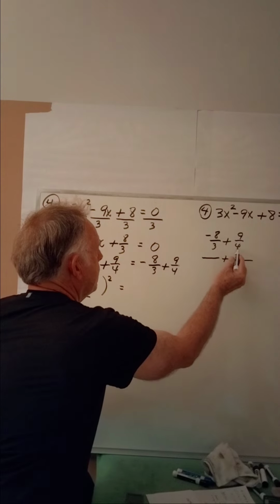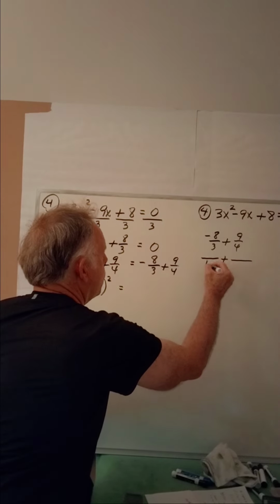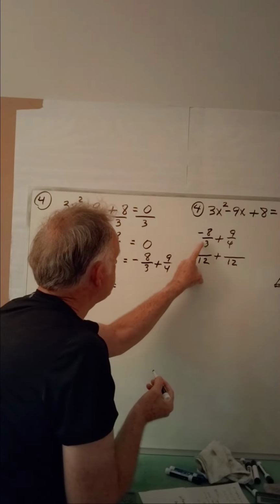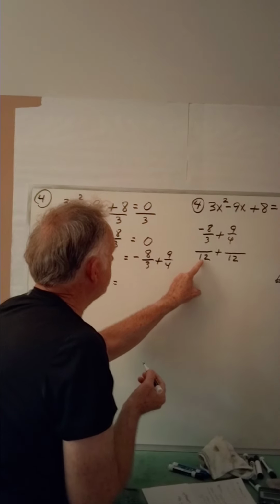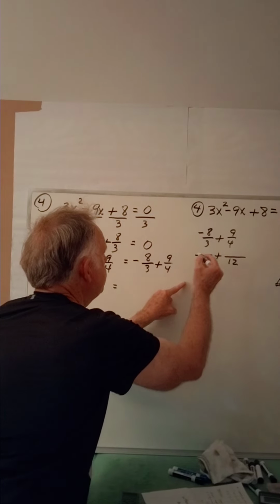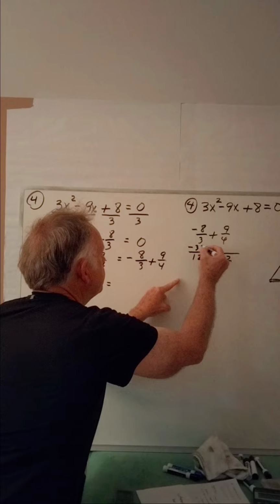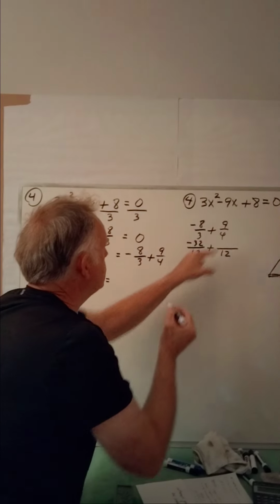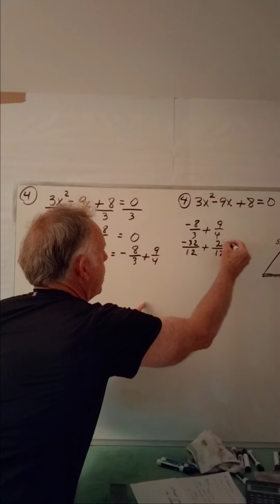The least common denominator for 3 and 4 would be 12. 3 divides into 12 4 times. 4 times a negative 8, a negative 32. 4 divides into 12 3 times, and 3 times 9 is 27.